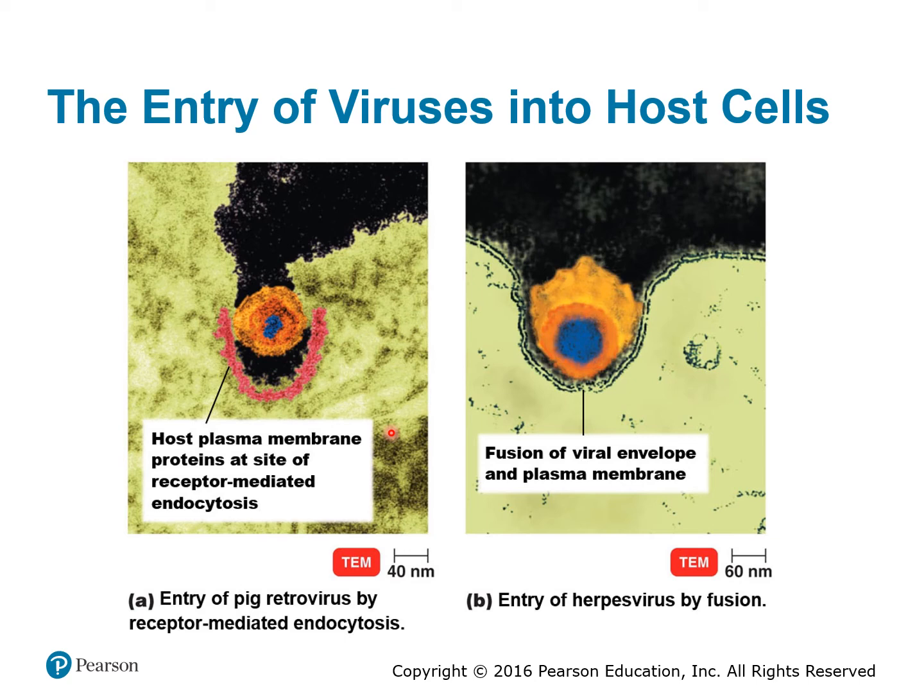A different way of entering into the host cell is this: the envelope of the virus could integrate itself with the plasma membrane of the host cell, and the capsid and the nucleic acid of the virus get sucked into the host. So this process is known as endocytosis or receptor-mediated endocytosis, and this one right here is known as the fusion process.